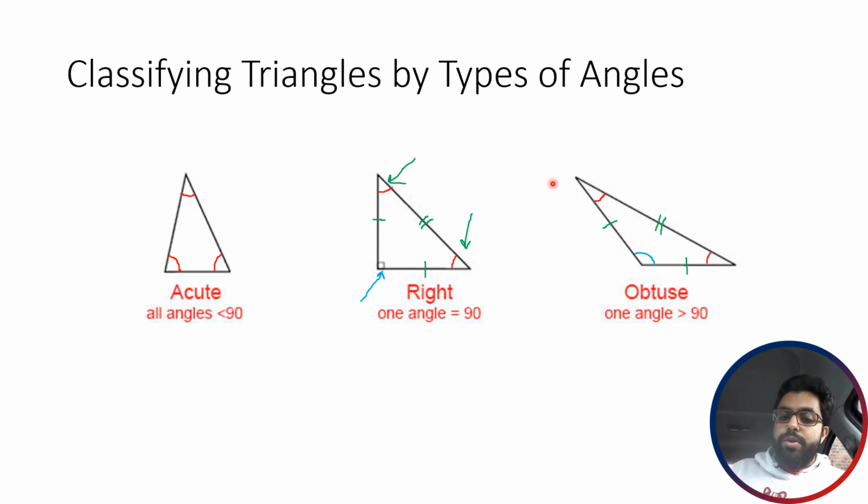So this would be an obtuse isosceles triangle. This would be a right isosceles triangle. So it's kind of cool that you can mix and match the different types of ways of classifying triangles, and kind of smush them together and come up with this way of talking about triangles with a little bit more information.